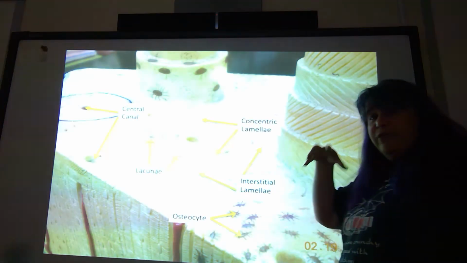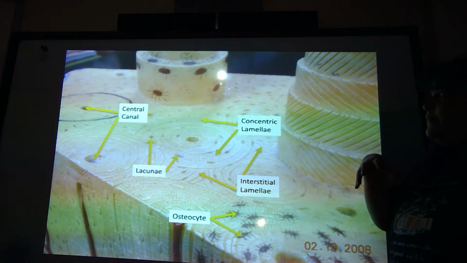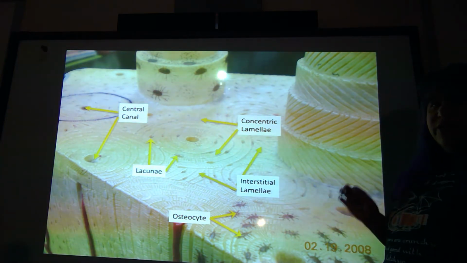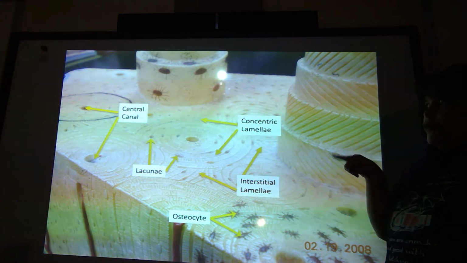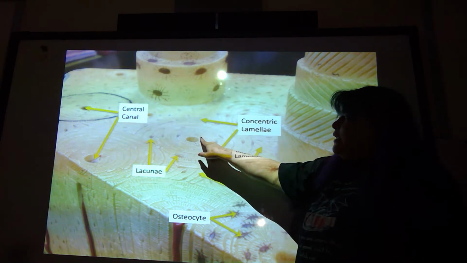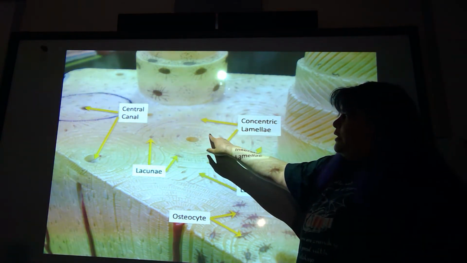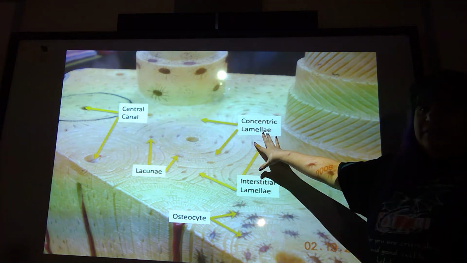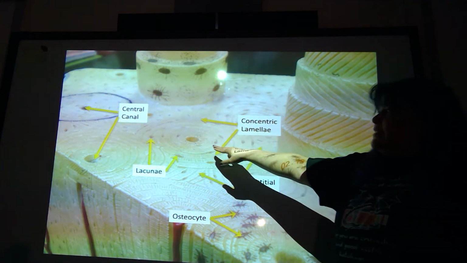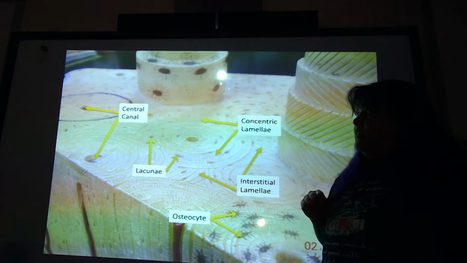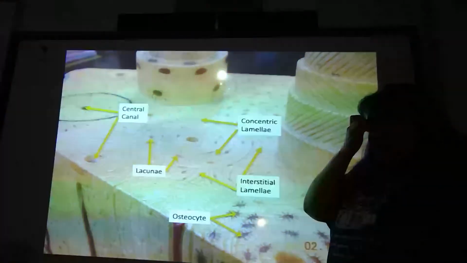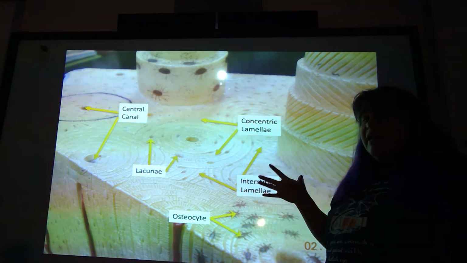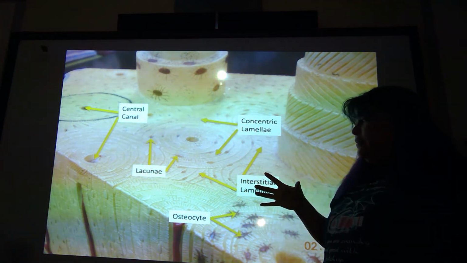Now looking at it from the top, okay, here are my osteons. Again, you can see that bullseye with the concentric circles. Each one of these circles that you see is a concentric lamella, okay? In the center of these are the central canals. The units of these, the actual physical bullseye, is what we call an osteon.